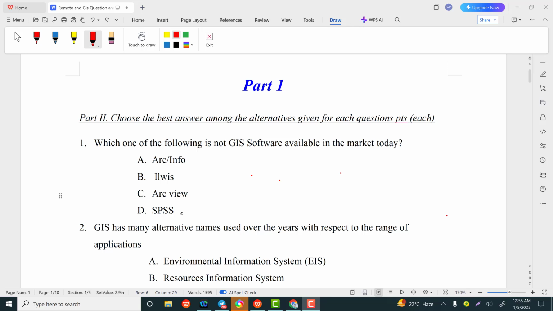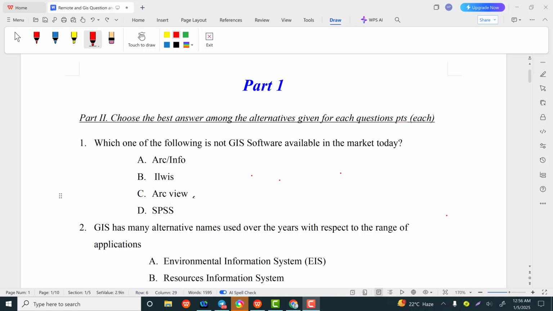ArcInfo is one of the GIS software that helps to analyze any spatial data. B. Lewis is also an integral part of GIS software. It mainly focuses on integrated land and water resource information system. So this is GIS software.